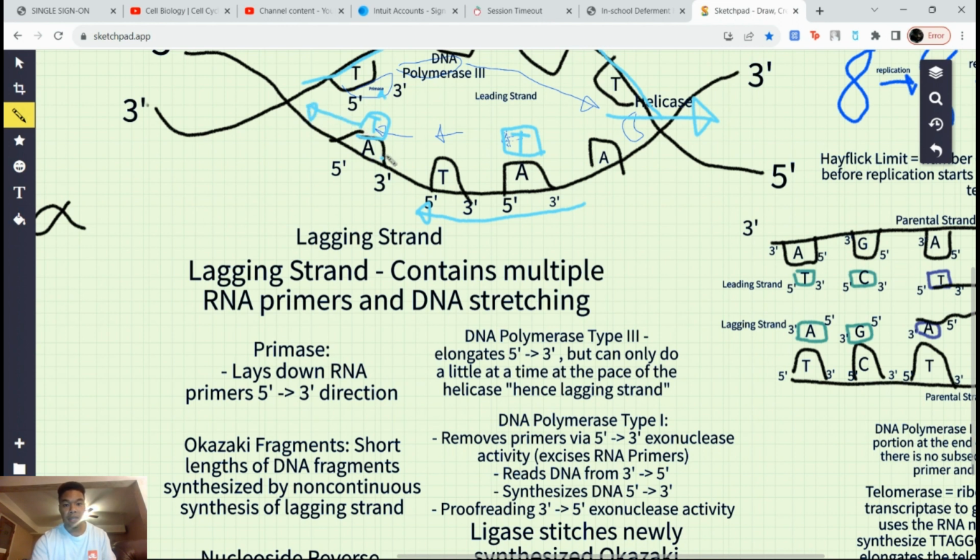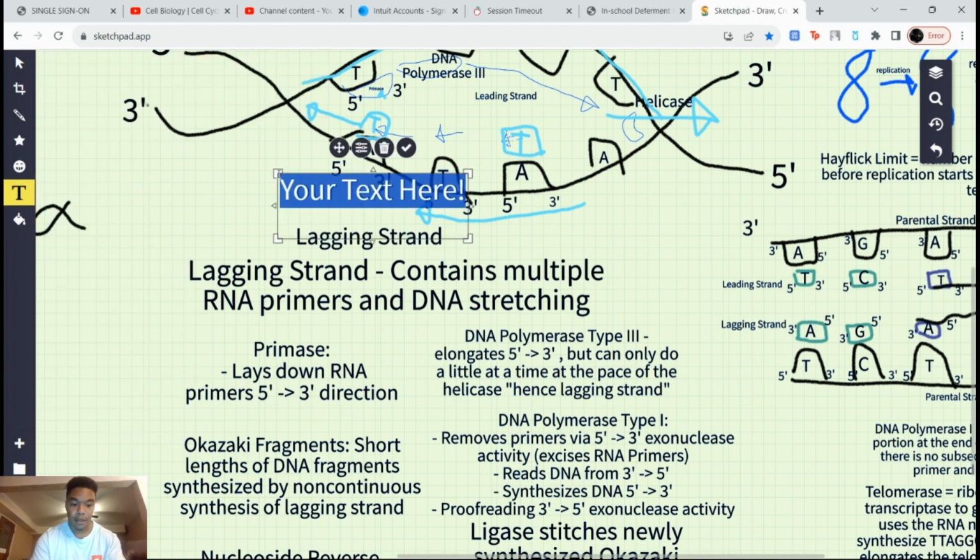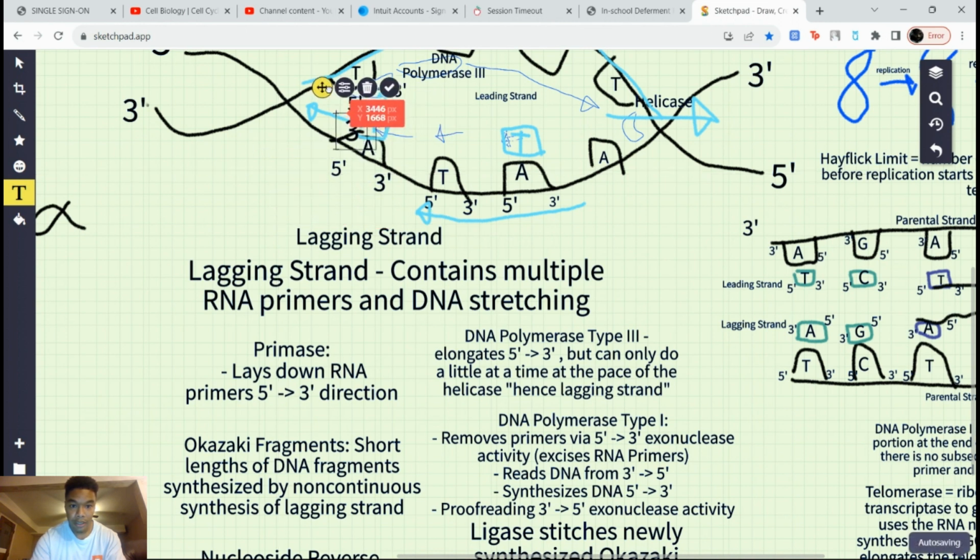It's going to add, because we know that the 3' end is going to be over here on this side, complementary, anti-parallel to the 5'.